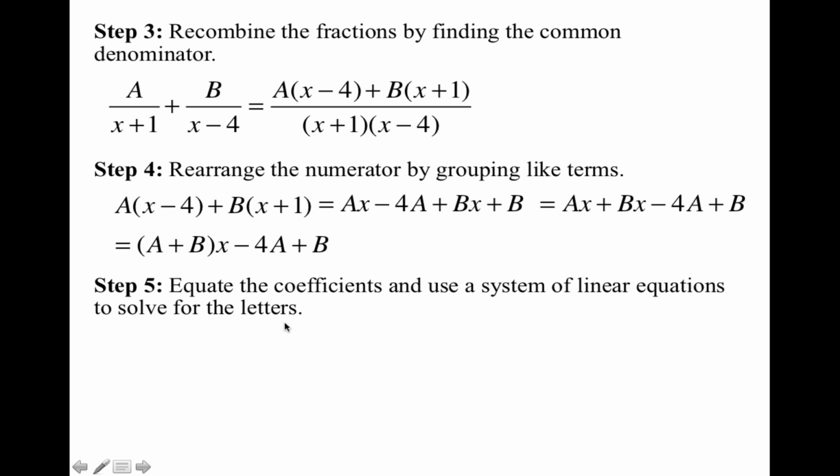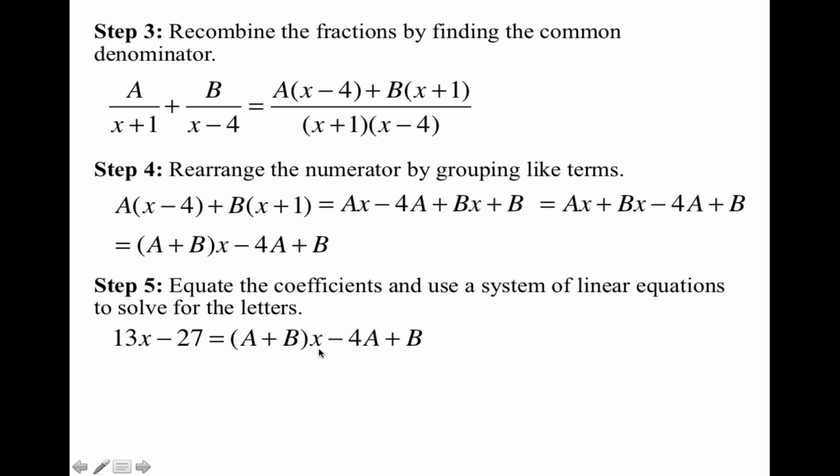Now I'm going to equate the coefficients and use a system of linear equations to solve for the letters a and b. So if we remember our very beginning, this was our numerator, the 13x minus 27. This has to equal this numerator in terms of a and b.